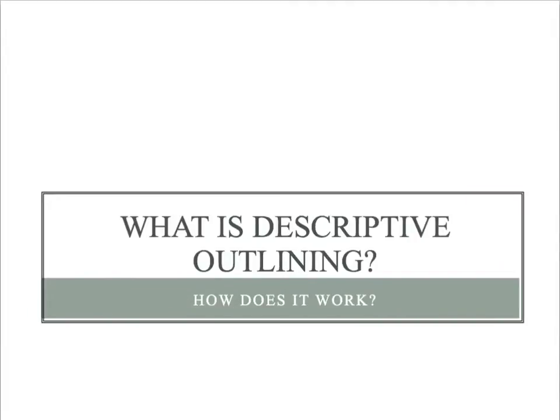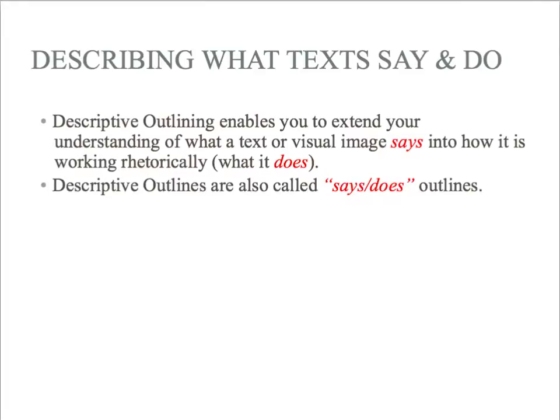Okay, so what is descriptive outlining and how does it work? Descriptive outlining is about describing what texts say and do. And you will also need, I didn't mention this before, the activity that we've been working on, the words that describe what texts do, because that's exactly what descriptive outlining is all about.